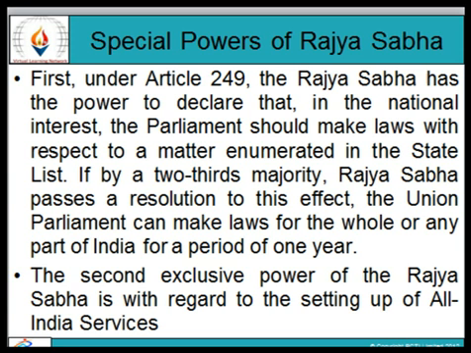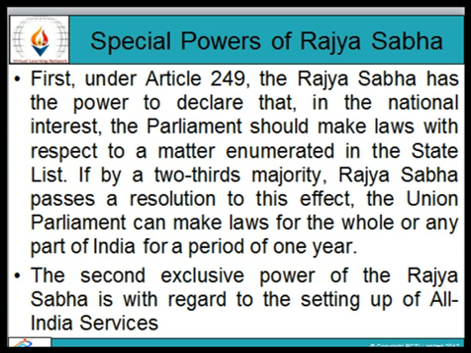Special powers of Rajya Sabha. First, under Article 249, the Rajya Sabha has the power to declare that in the national interest the Parliament should make laws with respect to a matter enumerated in the State List.